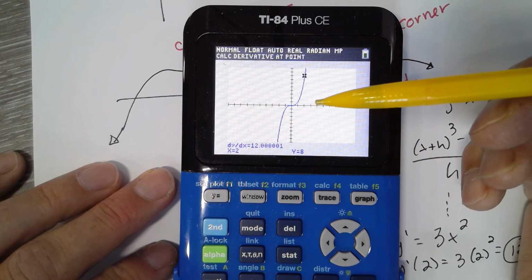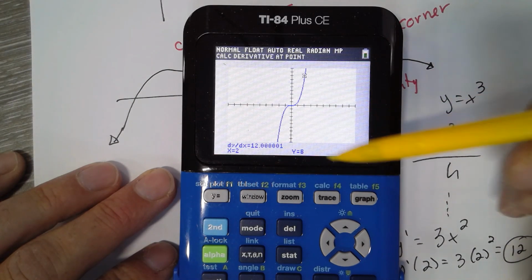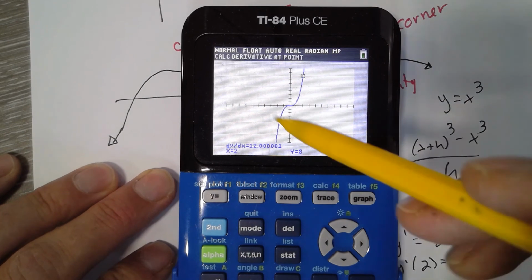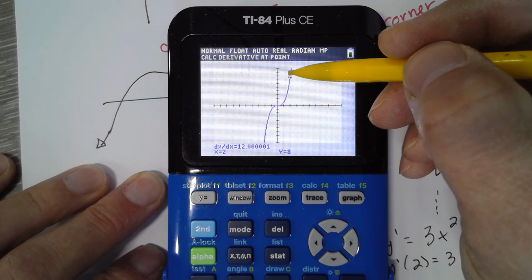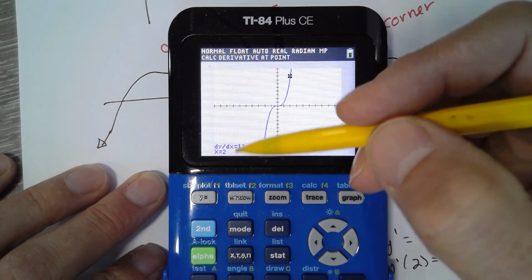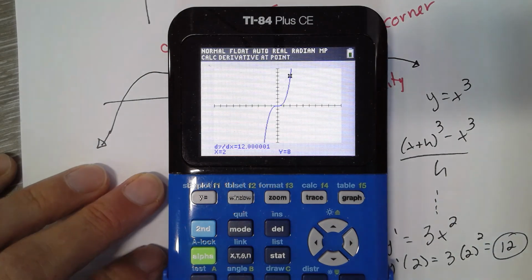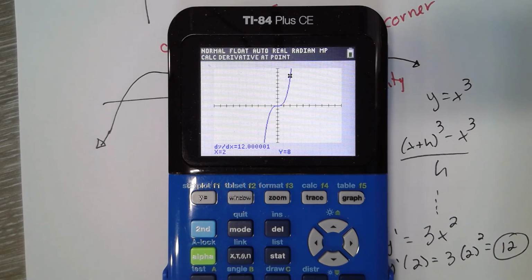It's actually 12, so don't be the student that on a test uses the calculator to figure it out and writes 12.0001. The answer is 12. So the calculator, when it grabbed 2 points right next to each other, was almost exactly 12, but there are restrictions on how precise the calculator can be when evaluating derivatives. That's about it for 3.2, differentiability.